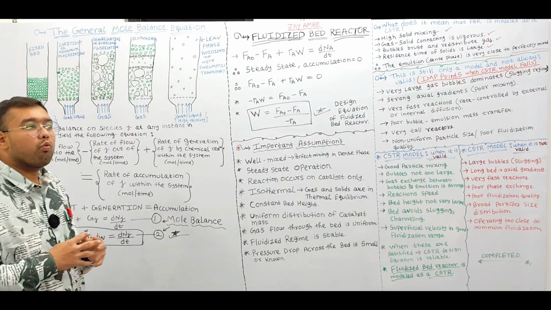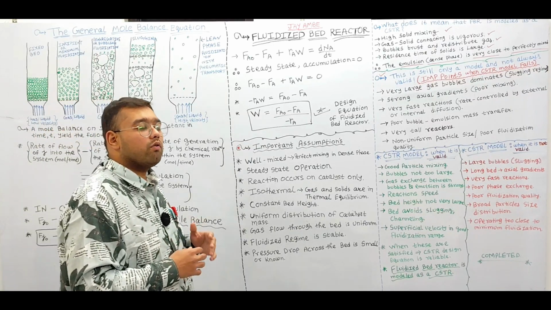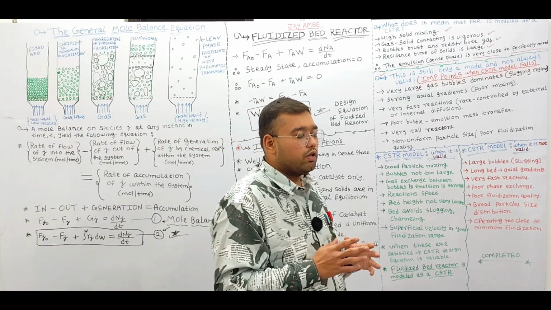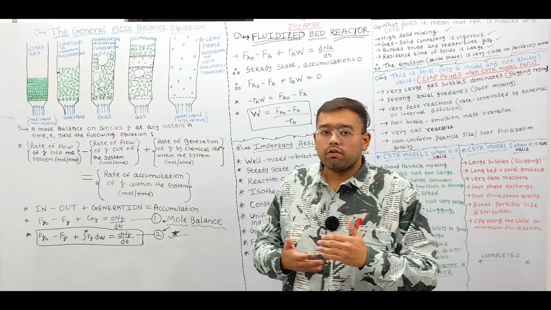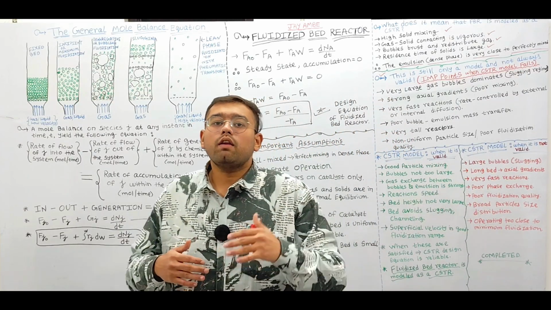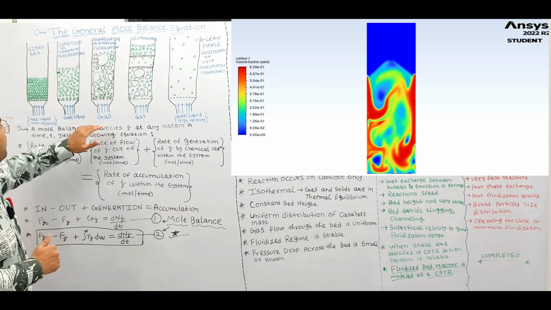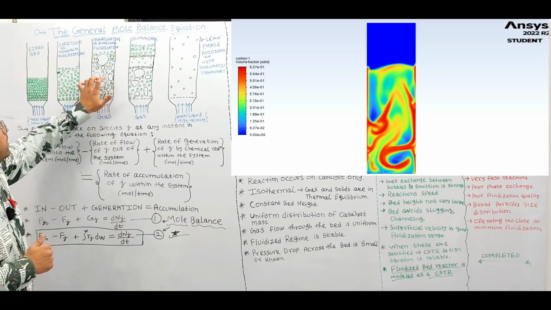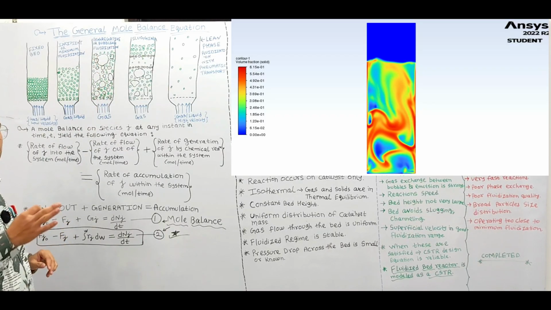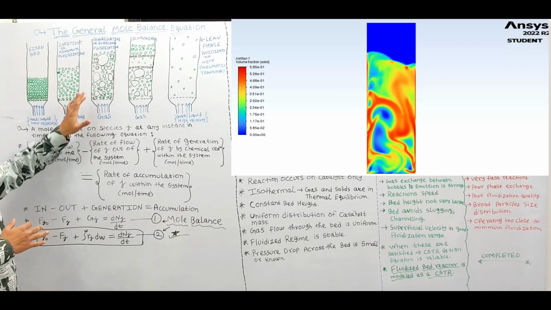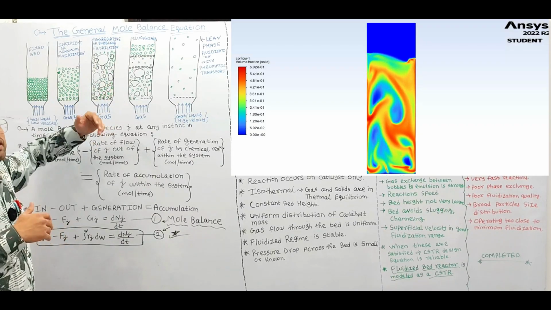In the third case, when the velocity of the flowing fluid is higher than the minimum fluidization velocity, what will happen? When the velocity of the flowing fluid is higher than the minimum fluidization velocity, then the solid catalyst phase becomes fluidized, right?